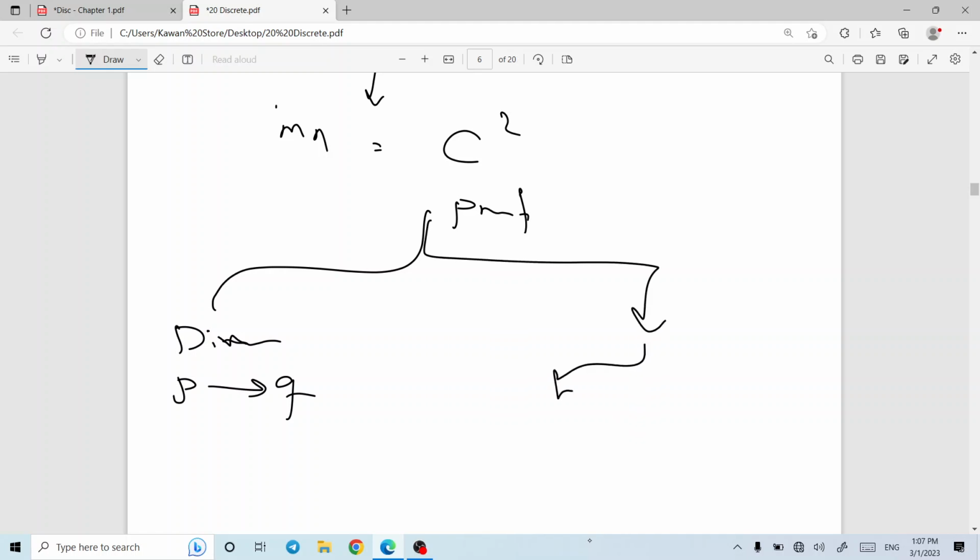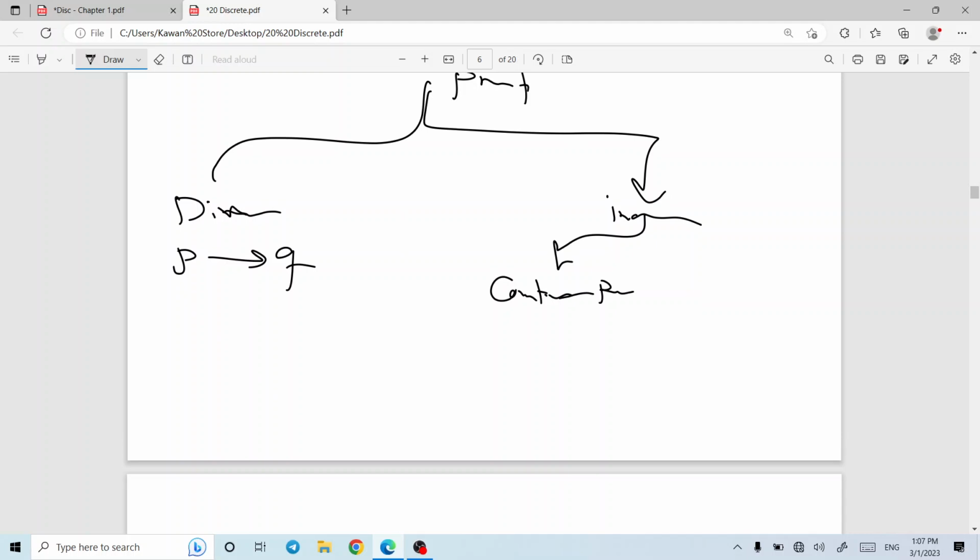Now we have indirect, then contraposition or contrapositive. So how do we solve by contraposition? I'll just give you the style. We have P then Q, of course, our theorem. So we change it to negation Q, then negation P. So we are saying let that one not be odd, then you will get that one is not odd.